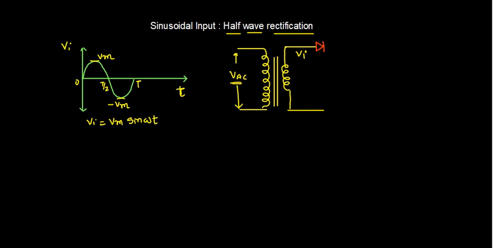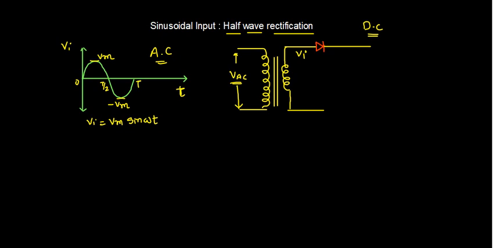Diode is one of the key components to convert this AC signal to the output DC one. So rectifiers are nothing but conversion of AC to DC. Those are used to convert the AC signal to DC.